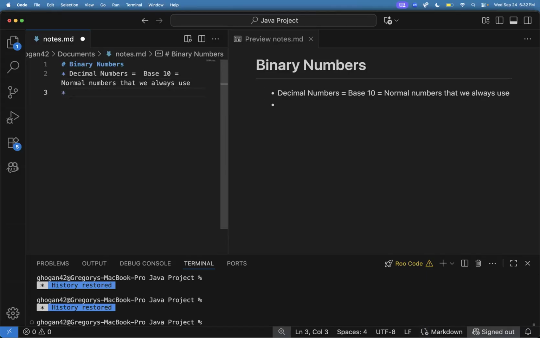And when we're talking about binary numbers, these are base 2 numbers, and these are what computers use internally.